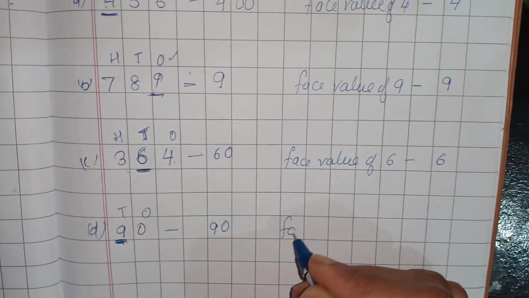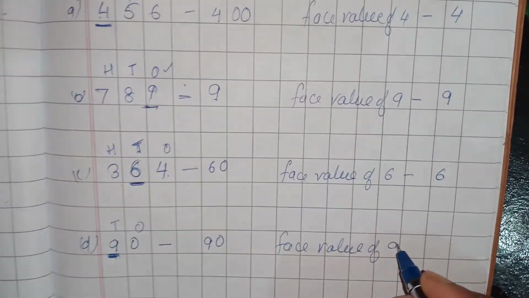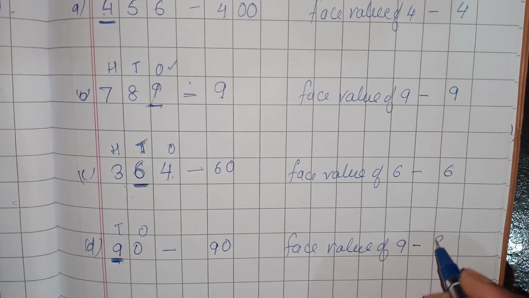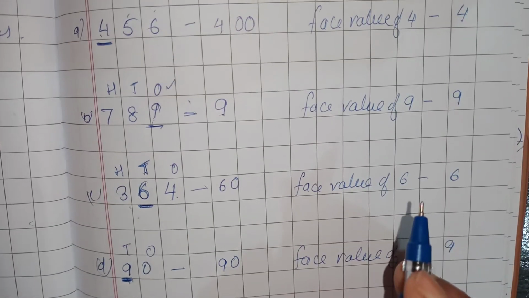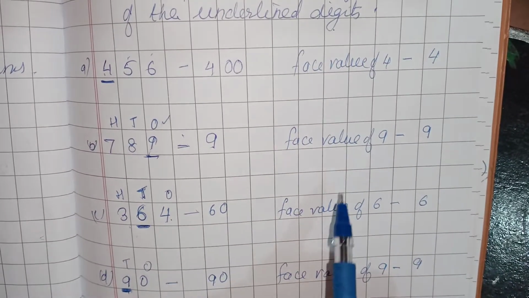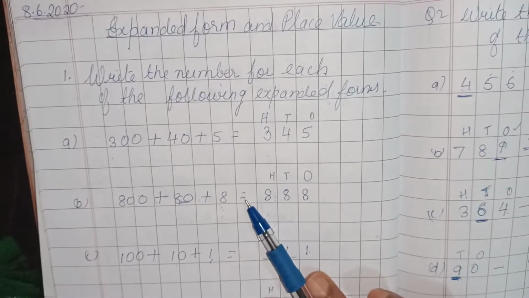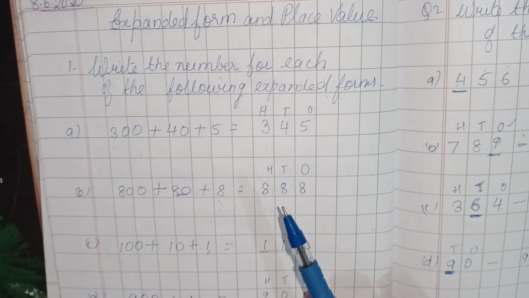Again the face value of 9 will be 9. Okay children, so we are doing the place value and face value in this exercise and here we have done expanded form.